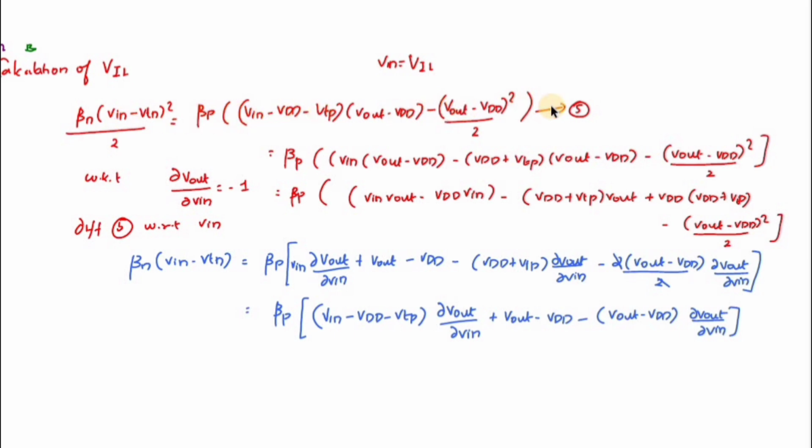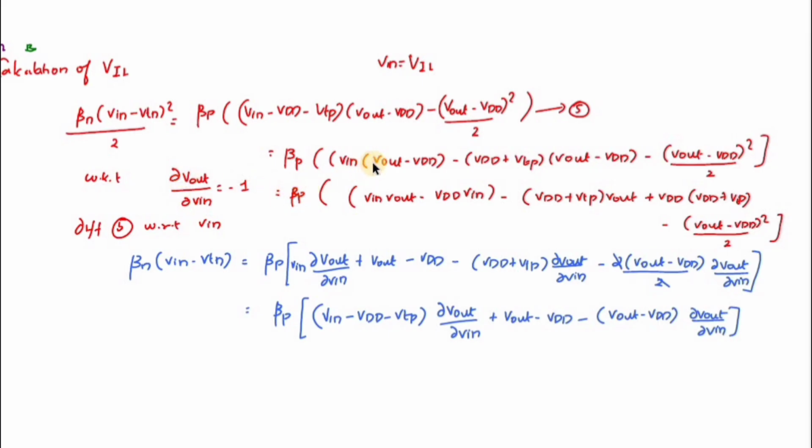So from the fifth equation, I'm going to expand this equation. Here you can see if I take beta n common, and V in, I can write it as V in into, if I multiply the V out minus VDD into V in, I will get V in into V out minus VDD minus VDD plus VTP into V out minus VDD minus V out minus VDD the whole square divided by 2.